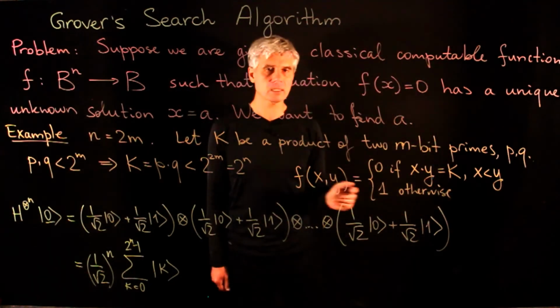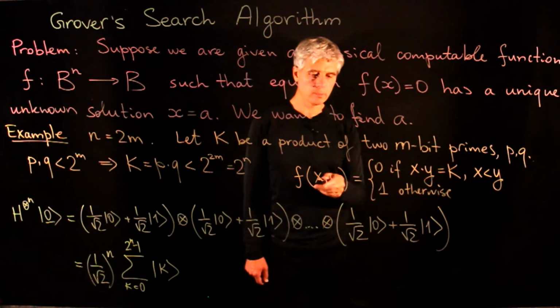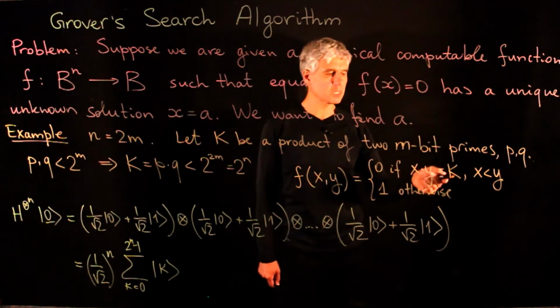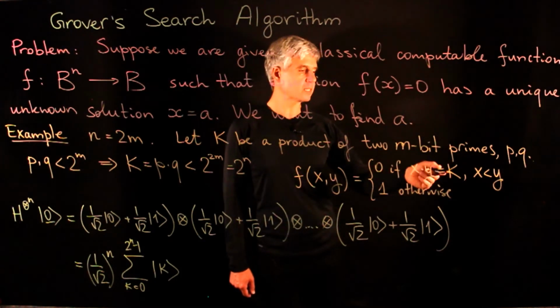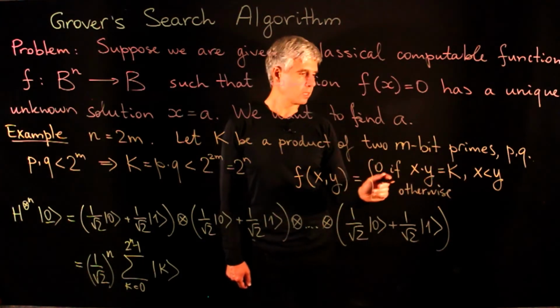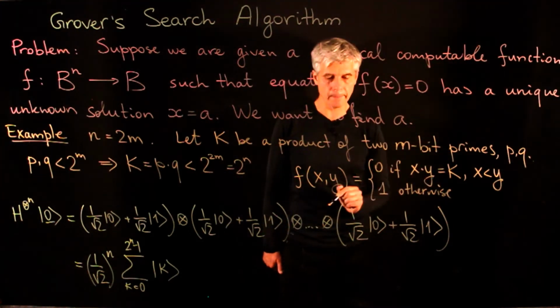This is an easily computed function. We take two integers, we multiply them, and compare the result with k. If the result is k and x is less than y, then the output is 0. If x times y is not equal to k, then we get 1.